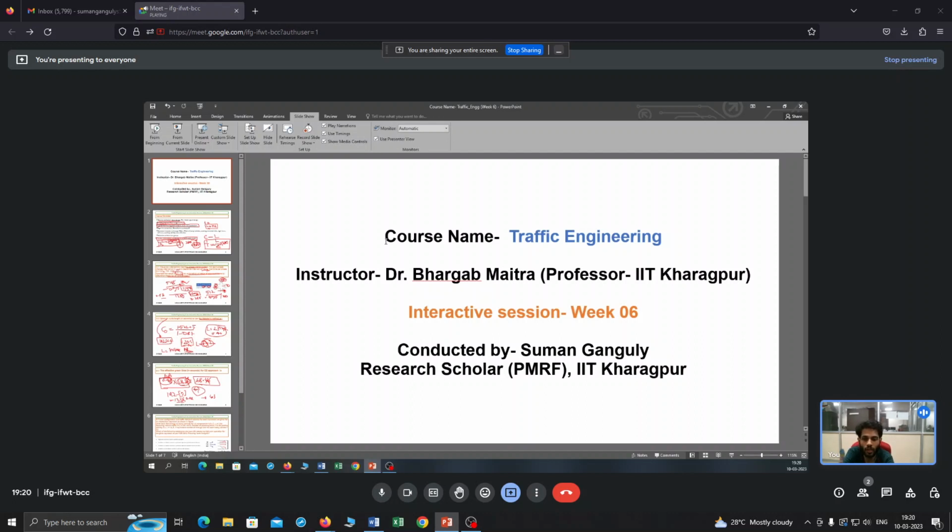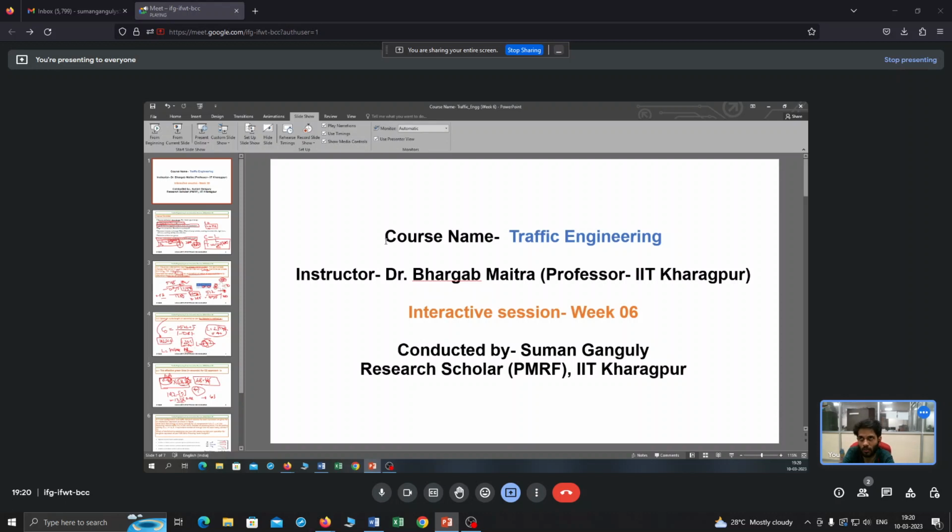So week 9 is about car following theory after ending the signal at week 8. And then once the car following theory is done, we will enter into the traffic management options.